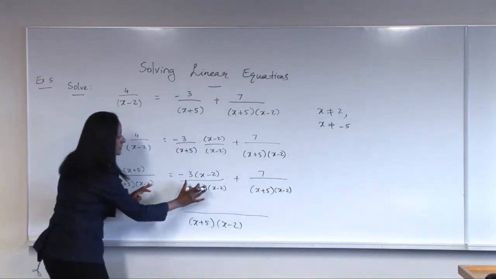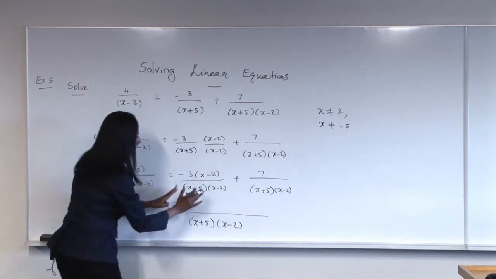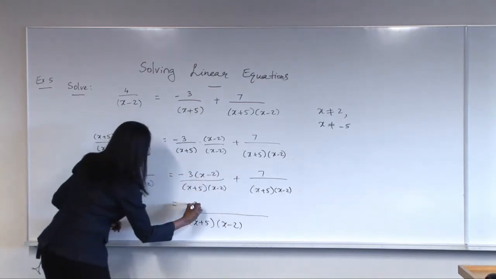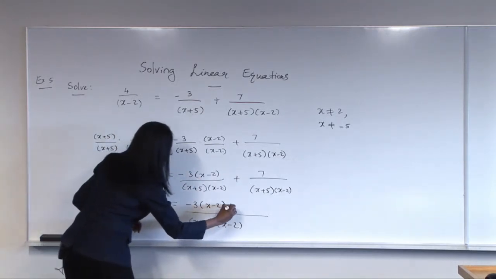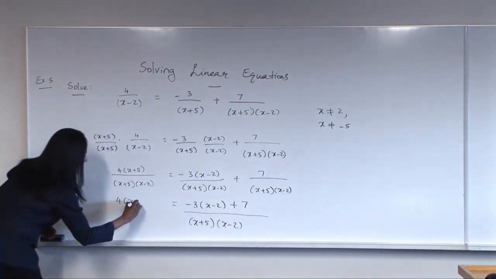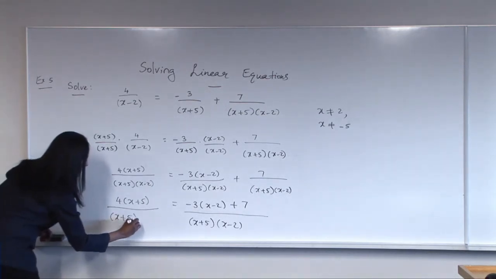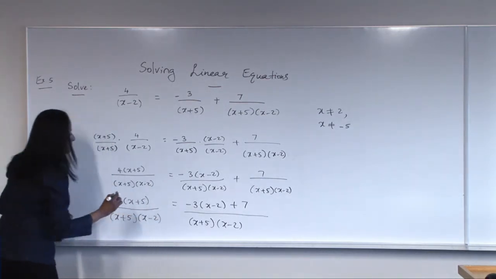Just like I said, it's just like a number. If you have a 7 here, the common denominator is 7. So this plus that. So negative 3 times x minus 2 plus 7. So this side we have 4 times x plus 5 over x plus 5 times x minus 2.